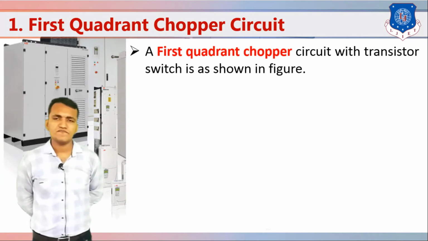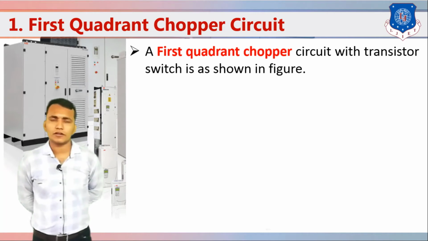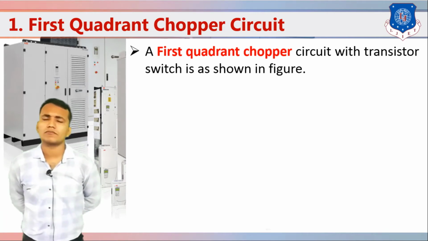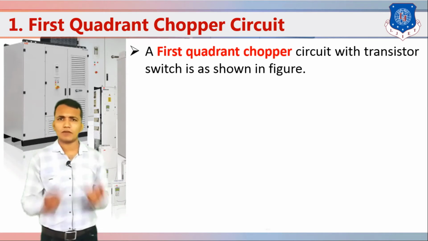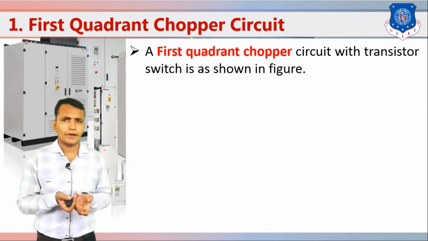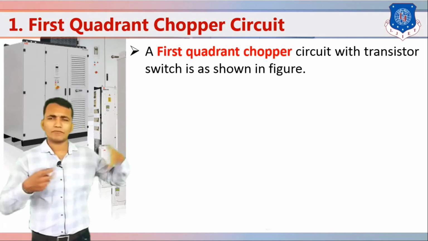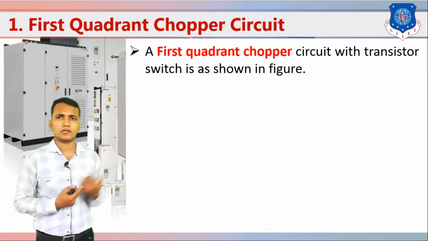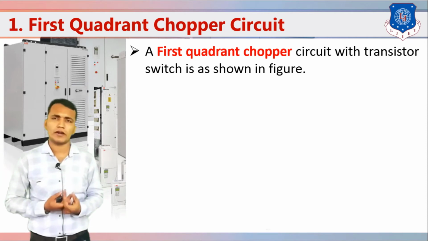In the first quadrant, from these 4 transistors we operate only 2 transistors. Then in the second quadrant, 1 transistor and 1 diode. We will discuss this for the first, second, third, and fourth quadrants.